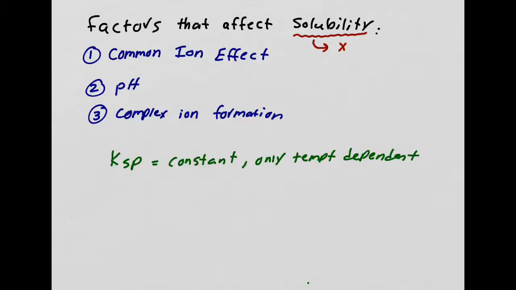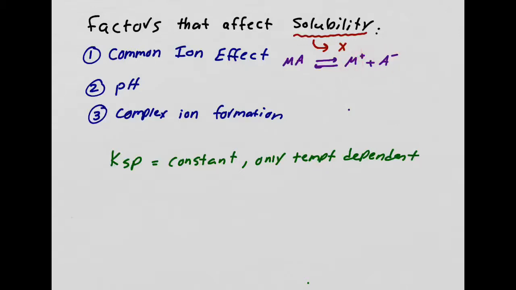We've already talked about this a little bit, so you already know. If I have a salt, I want to just say MA, and it would break up into M plus and A minus. This is just generic. So these are my common ions.